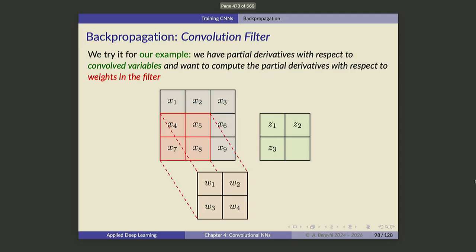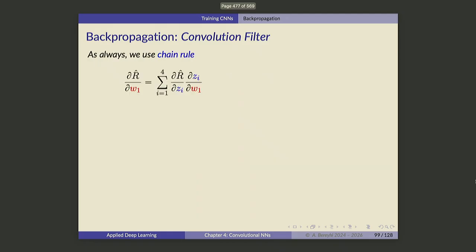What about this guy? x4. What about this guy? x5, right? So you can write it down for every single way that you have. You could say here that the gradient of Z1 with respect to W1 is x1.